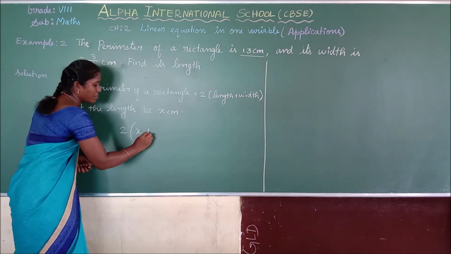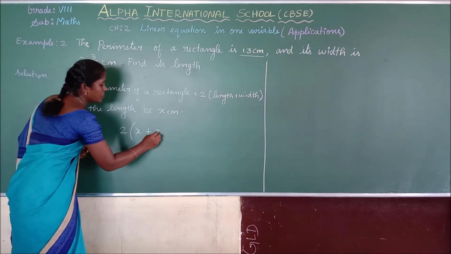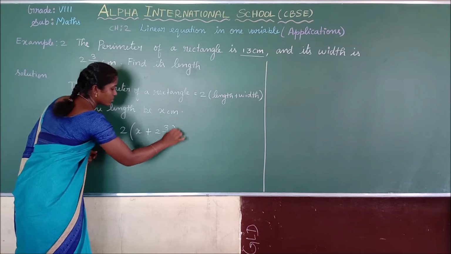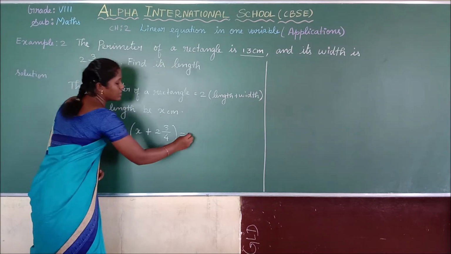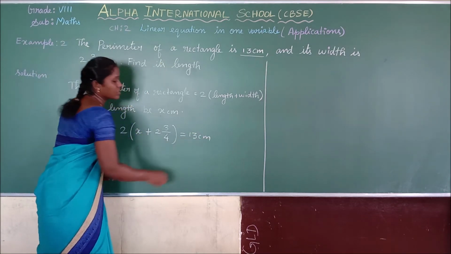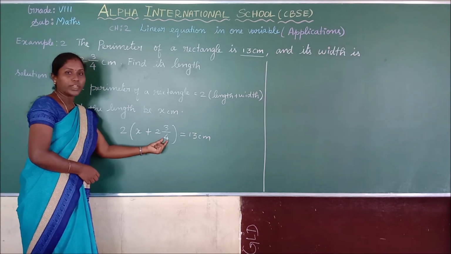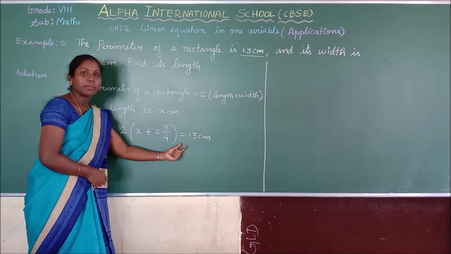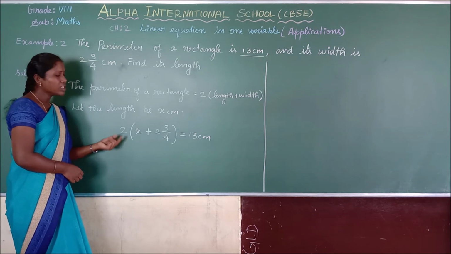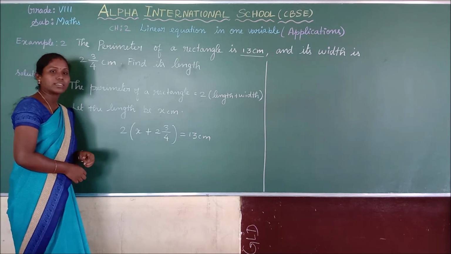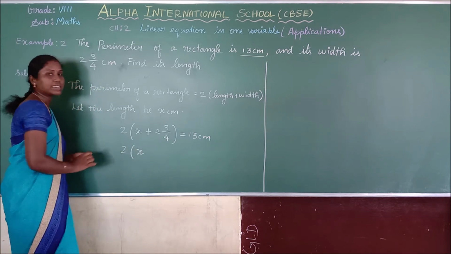So x plus the width given in the question, 3 3/4, is equal to the perimeter of the rectangle, 13 cm. So we form the linear equation here. After this, we are going to solve this equation to find the value of x. Listen, 2 times of, we don't know the value of x, so keep x as it is.